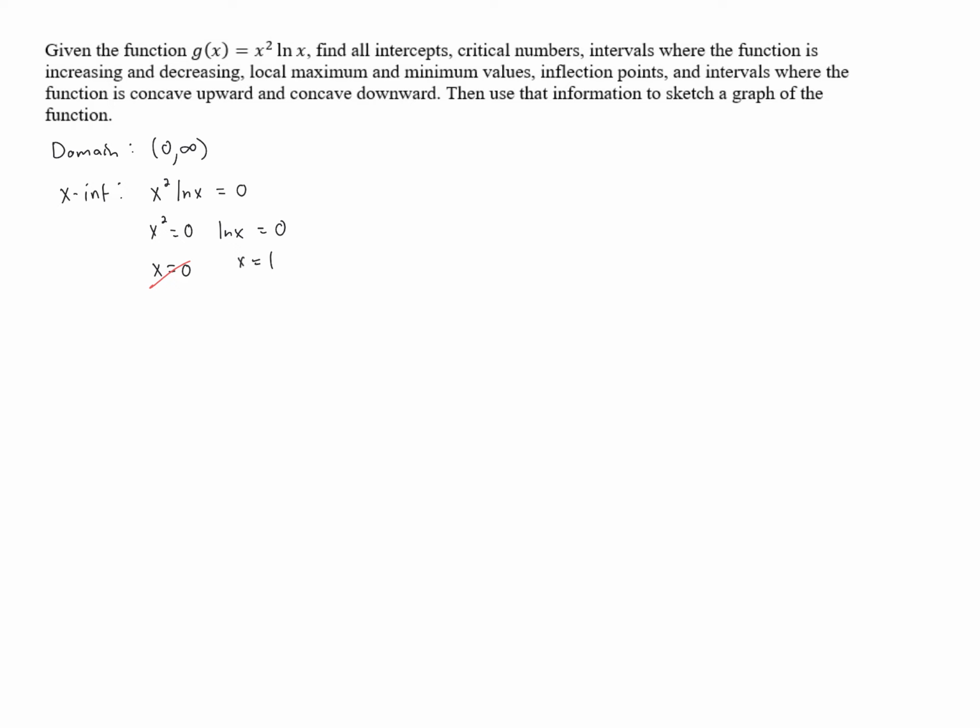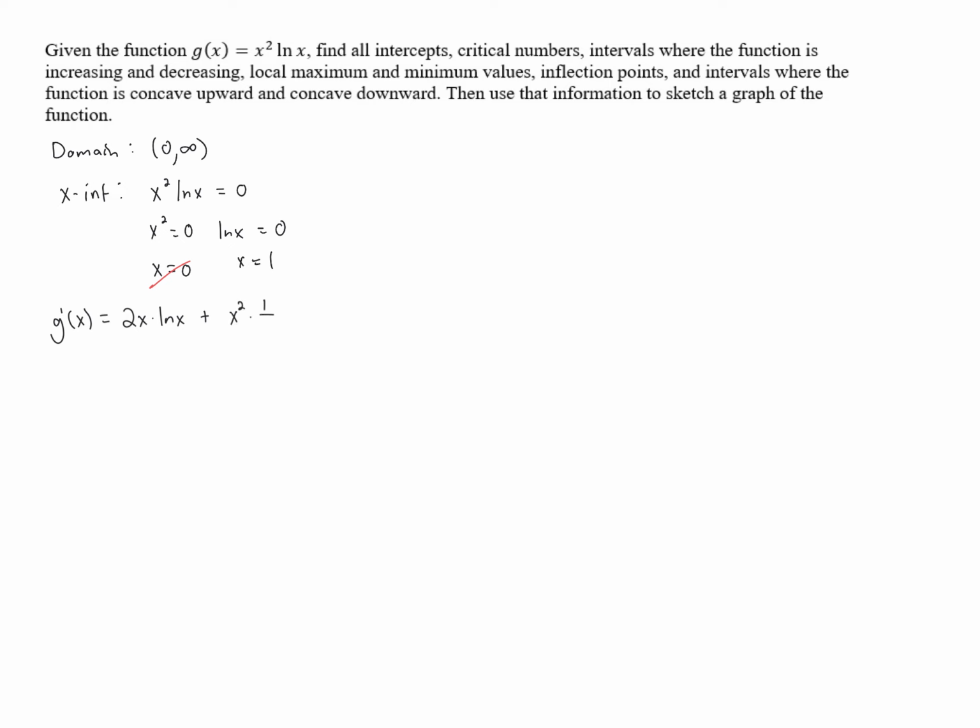Then for critical numbers and the intervals where the function is increasing and decreasing, we're going to need to differentiate. The derivative here is going to come from the product rule. We've got the derivative of the first, which is 2x, times the second, ln of x, plus the first, x squared, times the derivative of the second.